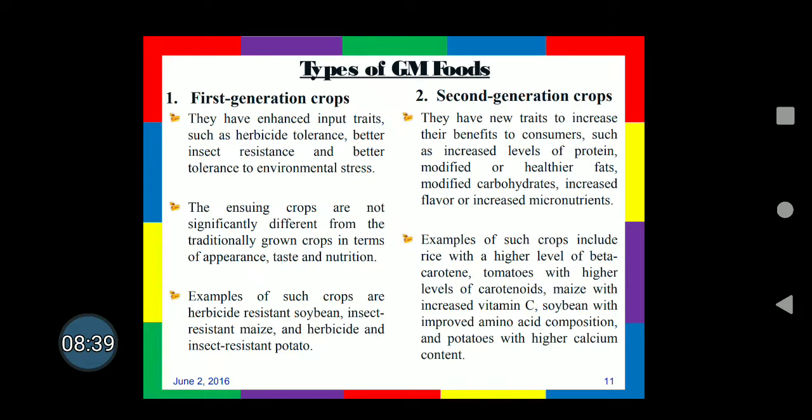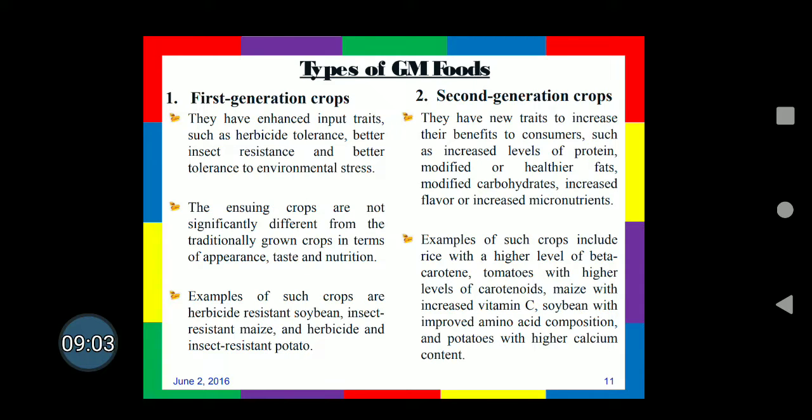Examples of such crops are herbicide resistant soybean, insect resistant maize, and herbicide and insect resistant potato. These are some of the crops which were generated in the first generation crops of GM food. So it is ensuring only pesticide and insecticide tolerance.